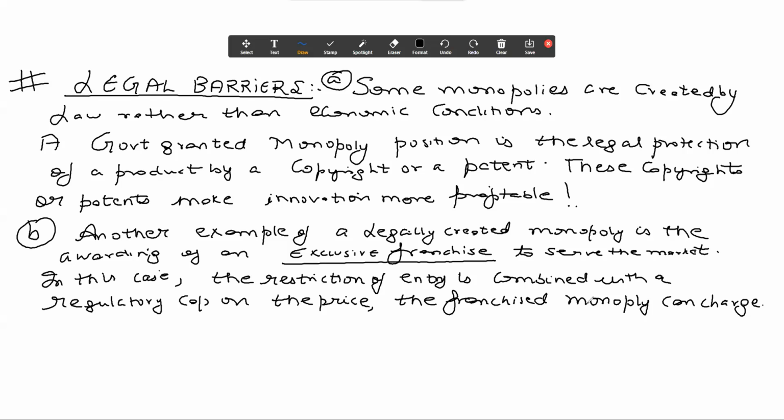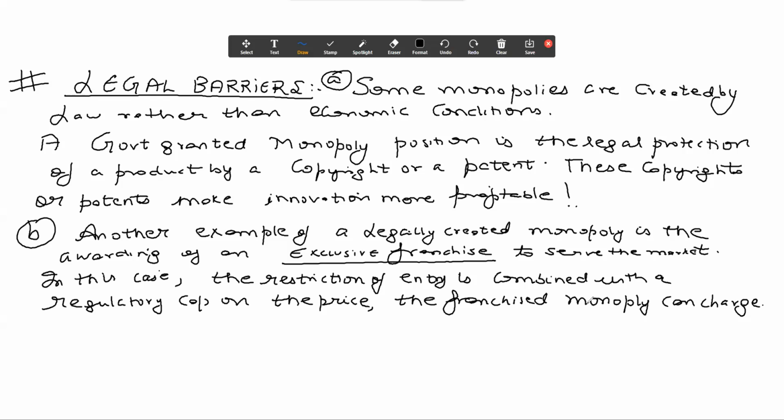It can be used in the case of communication, post offices, etc. So in case of a franchise monopoly, the government grants the monopoly position along with the condition that the maximum price that can be charged is fixed by the government.